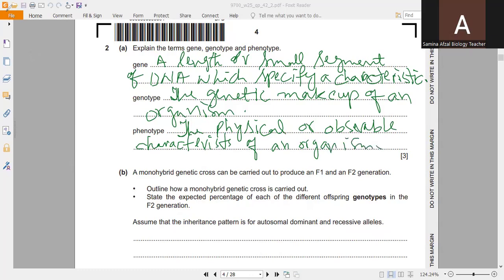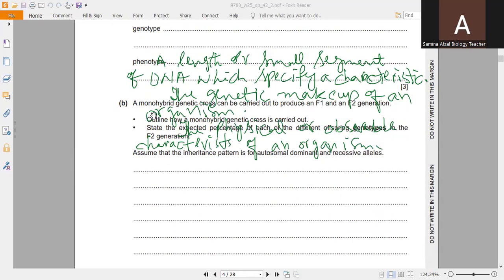So these are the 3 definitions. You can also write one example for each.